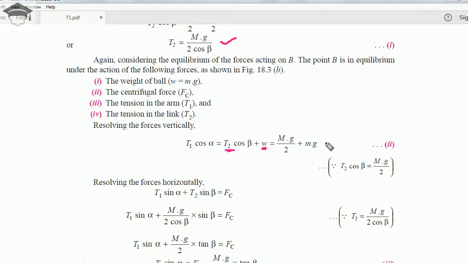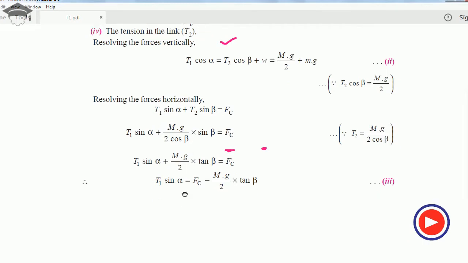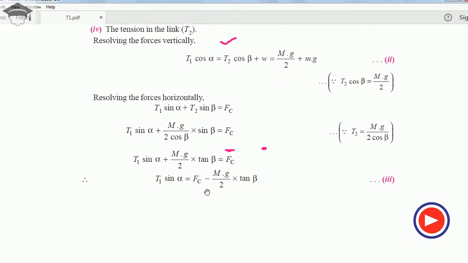This is equation number 2. Resolving the forces horizontally we get T1 sin alpha plus T2 sin beta equal to Fc. Again we substitute the value of T2, Mg by 2 cos beta, and sin beta by cos beta is tan beta. So finally we get T1 sin alpha equal to Fc minus Mg by 2 tan beta. This is equation number 3. Now here you can see we are finding the value of T1 cos alpha, then T1 sin alpha.